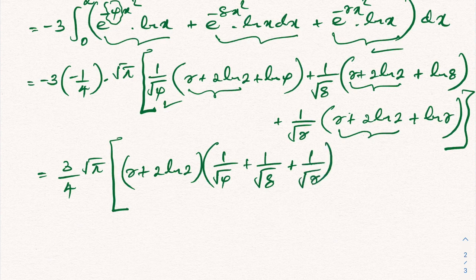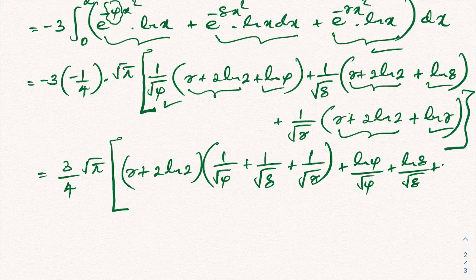Then we have natural log of phi, natural log of delta, natural log of gamma. So we have plus natural log of phi over square root of phi plus natural log of delta over square root of delta plus natural log of gamma over square root of gamma. Okay, this is the answer for this integral.